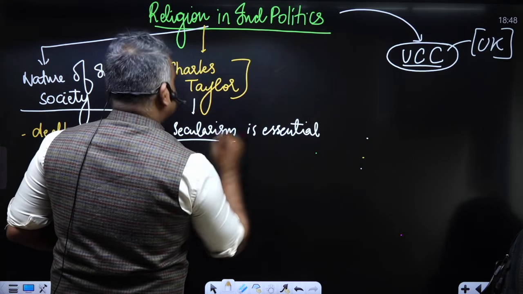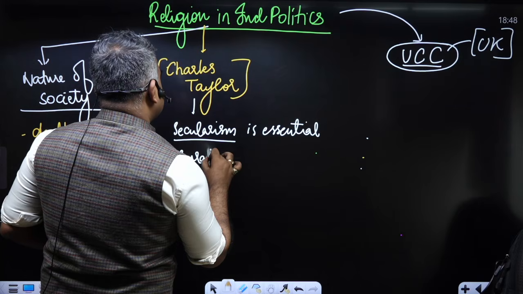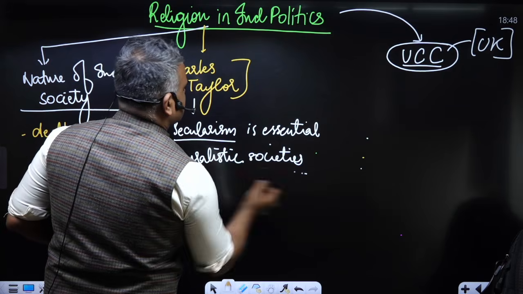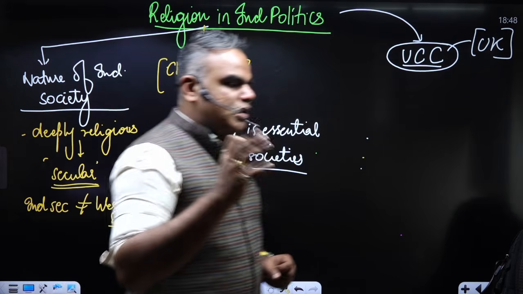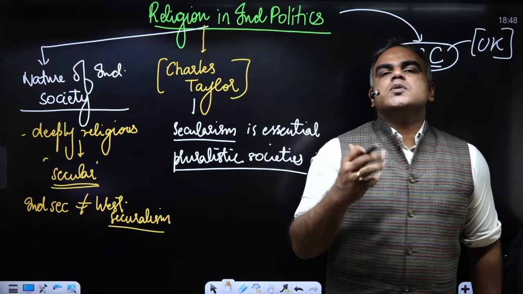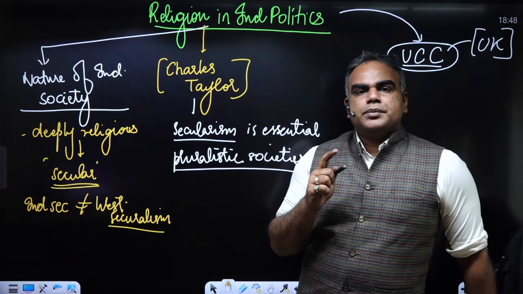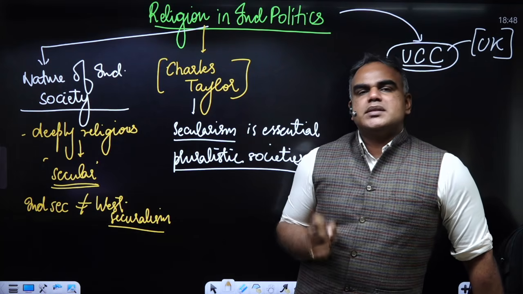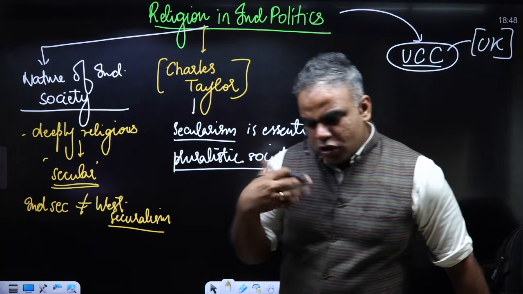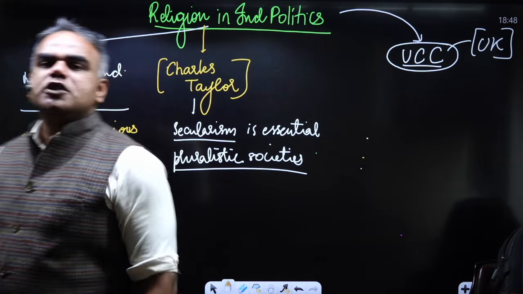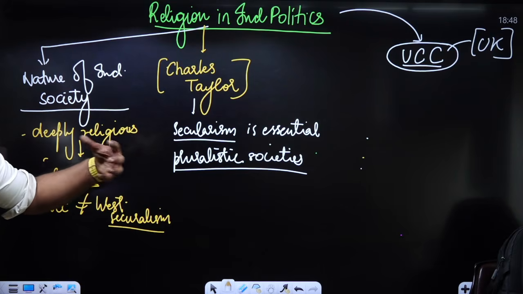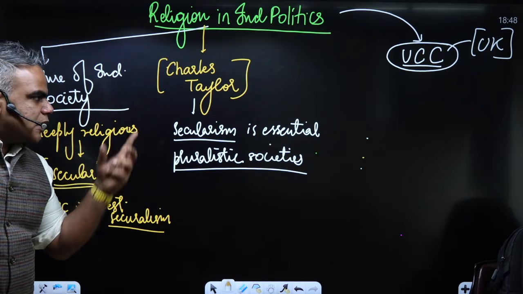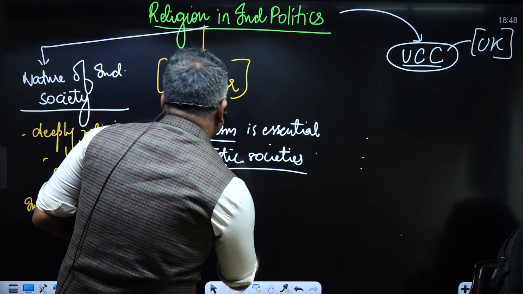It is very important in these pluralistic societies. And why is secularism essential in deeply pluralistic societies? So that the different sections of the society can continue to coexist. Right? If secularism would not be there, it will be very difficult for these societies to function. So the argument is that in pluralistic societies, secularism is essential to ensure fairness.